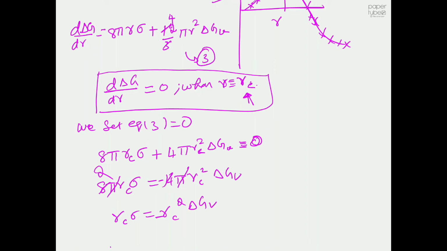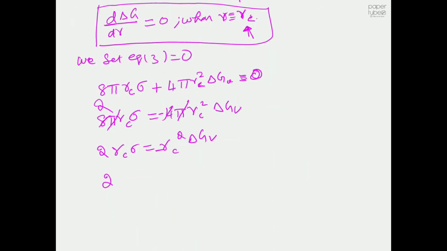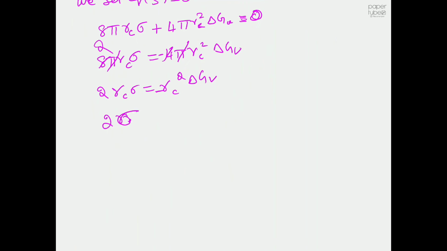Sorry, this is 2 RC. So 2 sigma by delta GV is equal to minus RC square by RC. So this gets cancelled. Therefore RC will be equal to minus 2 sigma by delta GV.